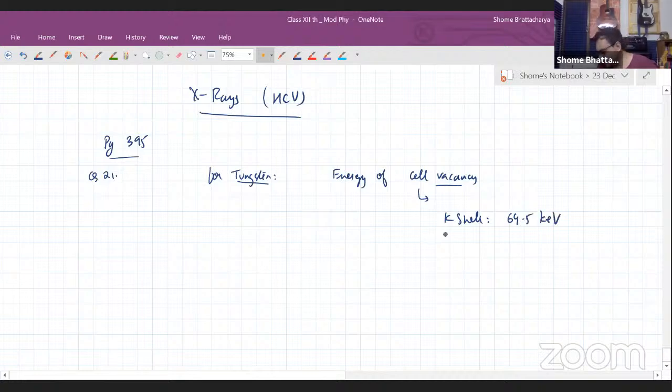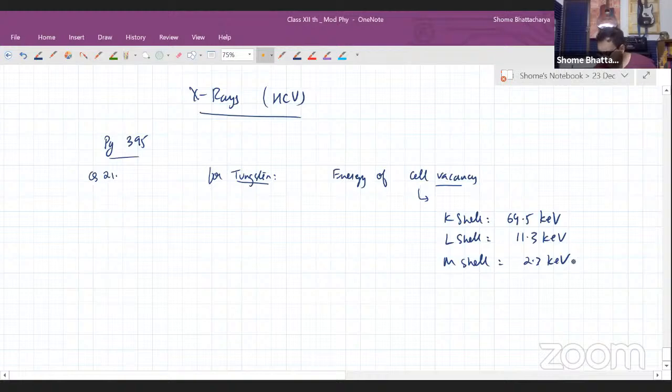Okay. And for L shell it is 11.3 keV, and for M shell it is 2.3 kilo electron volts.